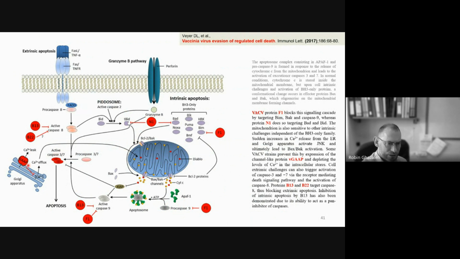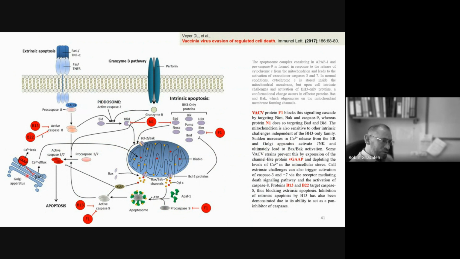Also, this is interesting. There's something here from vaccinia which is able to form a channel in the endoplasmic reticulum, or in the Golgi, sorry. I said the endoplasmic reticulum because the endoplasmic reticulum is the major source of calcium in the body.